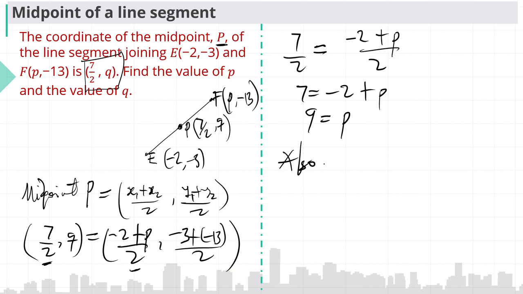Also, we should have that the y coordinates on both sides are equal. 16 divided by 2 gives us minus 8.